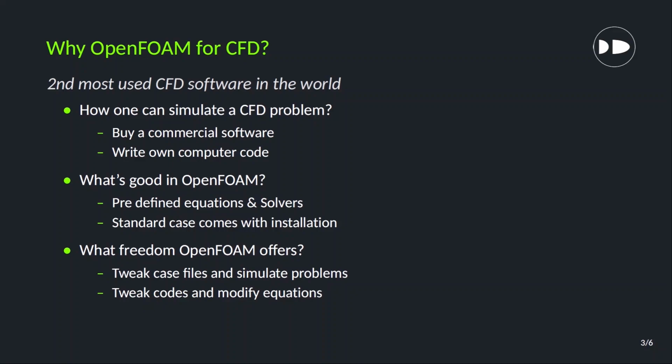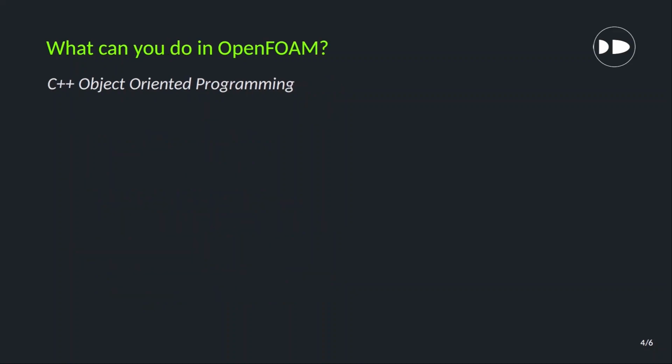Now I think you have the question in your mind of why the developers used the C++ computer language and not any other language like Python, Fortran, MATLAB, or any new and advanced computer language. So here they took advantage of the object-oriented programming feature in C++, which means they started by defining CFD terms in C++.